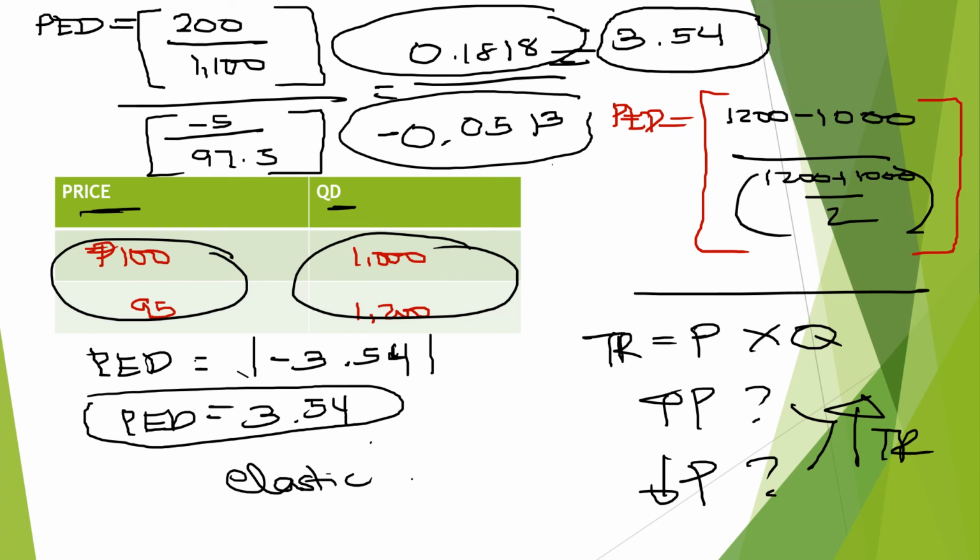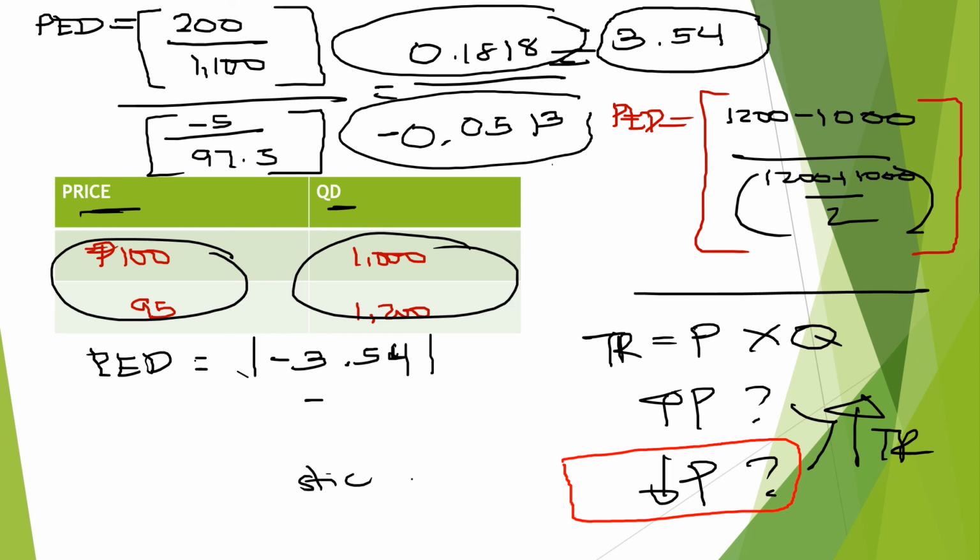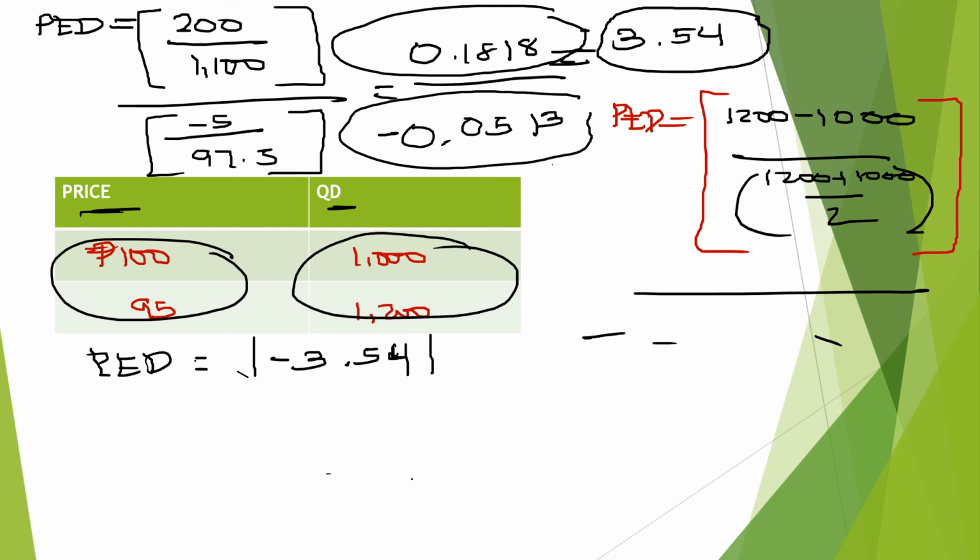Okay? So based alone on what we just computed in this slide, it is best to decrease your price if you have an elastic demand. Just try to imagine this. If your demand is elastic and you did not decrease the price, say you increase the price by 5% or 5.13% if we follow the percentage here.